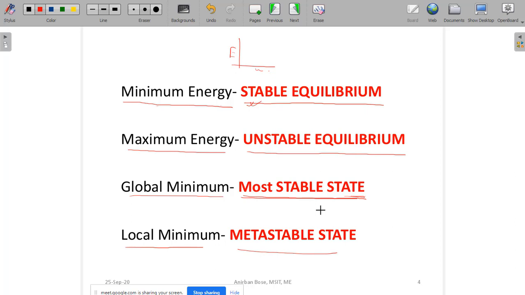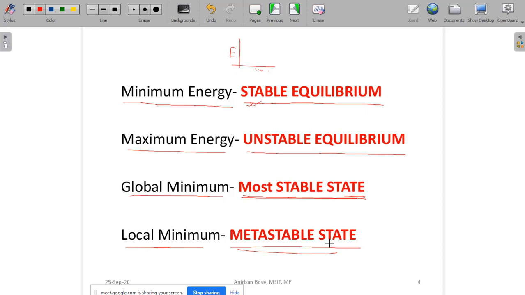So they are not directly used as a most stable state. Rather, the metastable states are practically used. Like steel: when you use iron in the form of steel, that is not the most stable state, that is rather a metastable state.